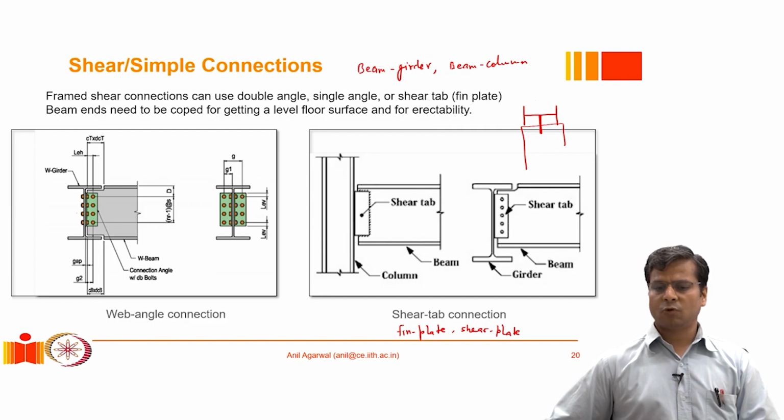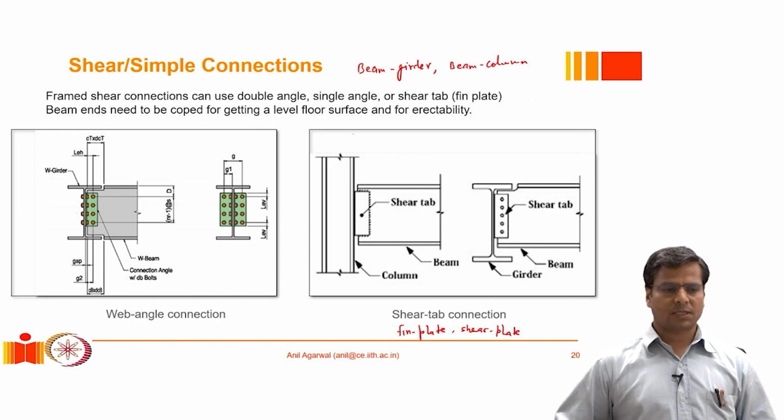So either we cope the top flange again completely, like what is shown here, or sometimes we don't cope it completely, but we cope it from the sides so that it allows some space for the column flanges. So these are some of the additional considerations that we have to pay attention to when we provide shear simple connections, which may include a shear tap or single or a double angle connection.